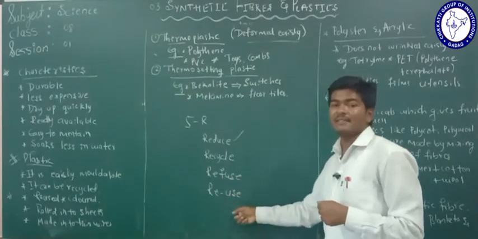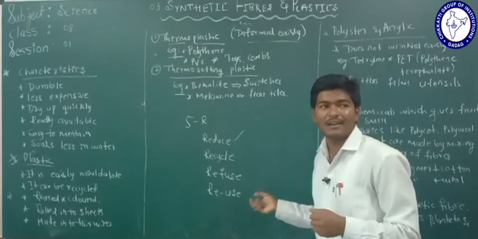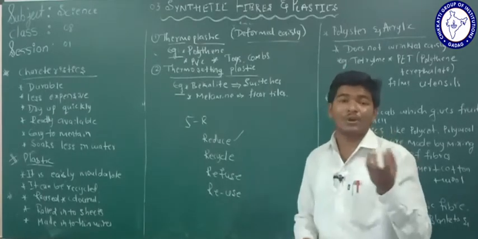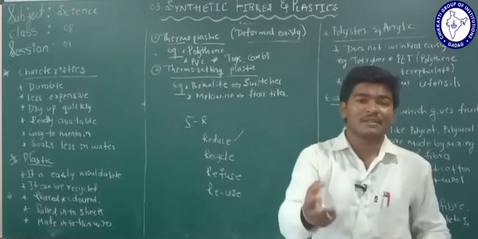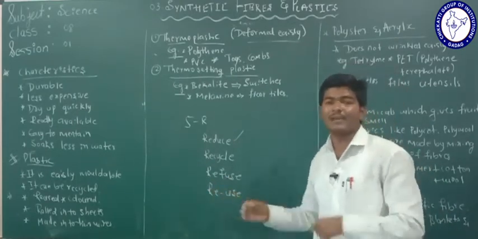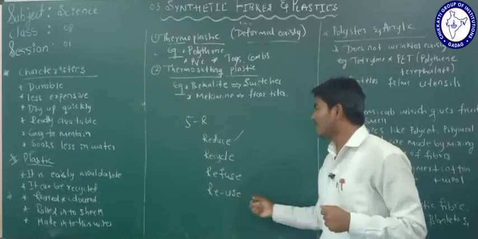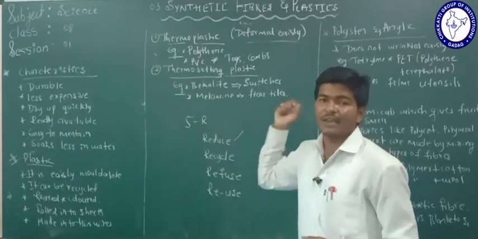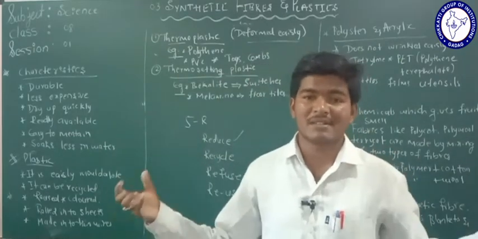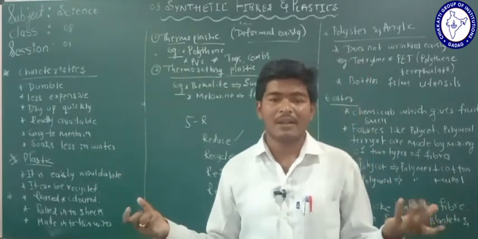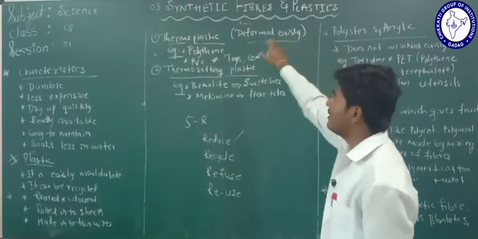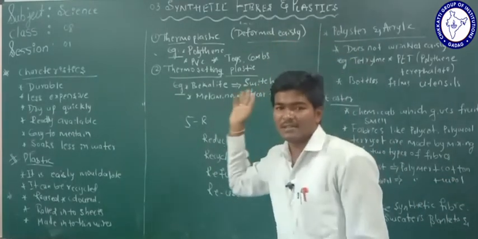And reuse: if it is possible to use one plastic item many times, then you have to use that material for more times. That is reuse. By following these 5R rules, we can control the plastic pollution present in the environment. So this is all about the chapter synthetic fibers and plastics.